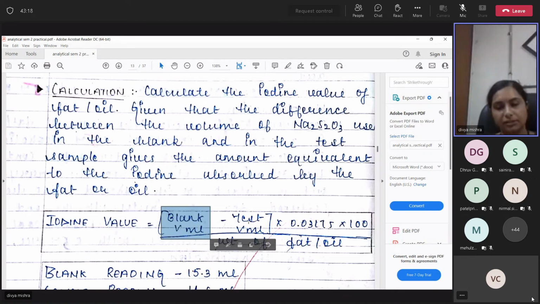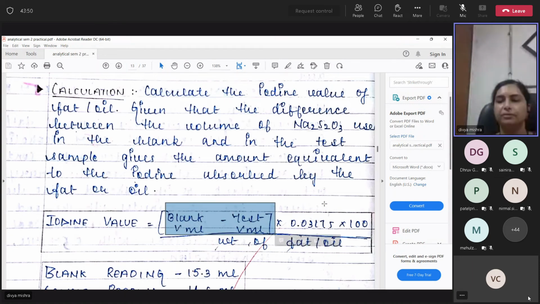But for the test, since there will be some unsaturation, some of the iodine monochloride will be utilized, but some will remain unused. The unused will be determined by reacting it with potassium iodide to liberate the iodine. So this difference will be calculated.